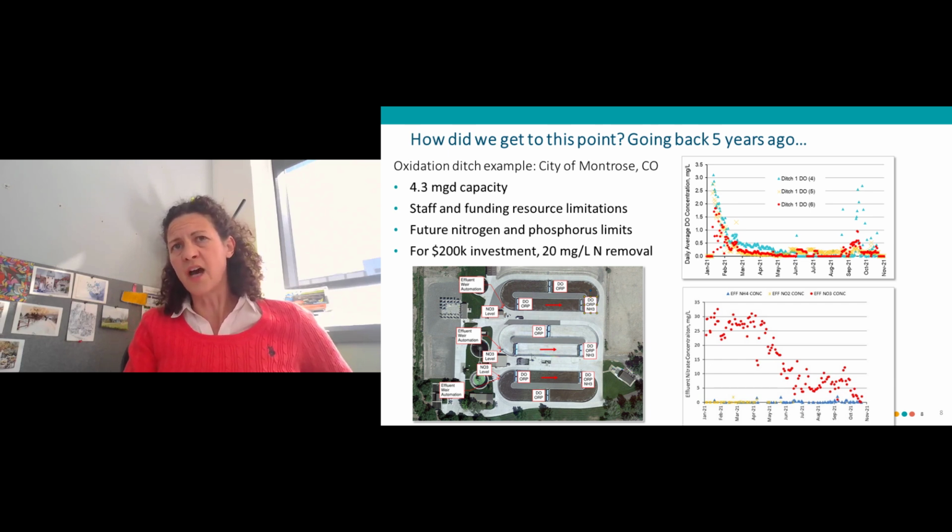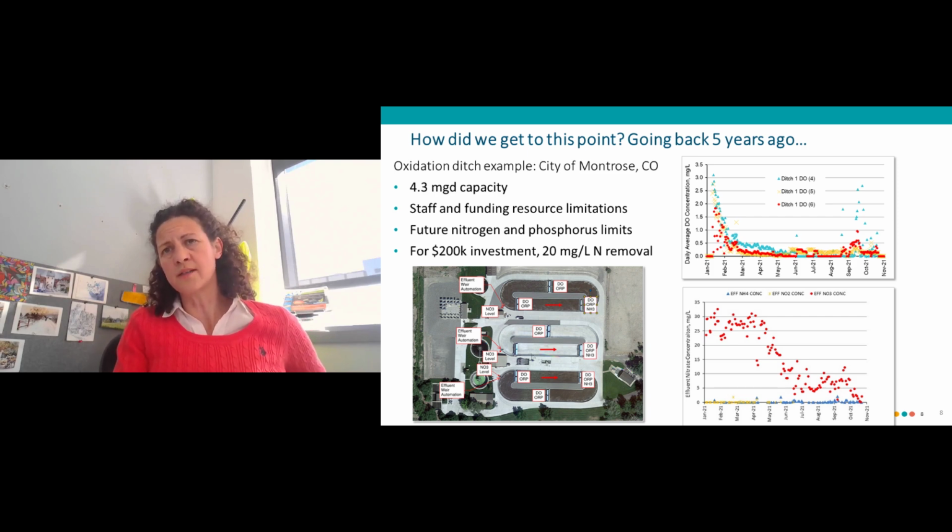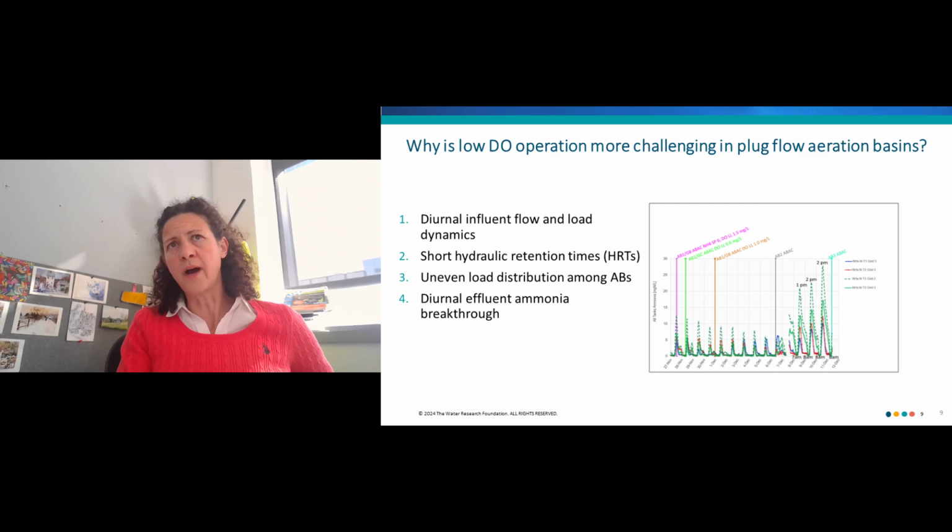What was unusual some years ago was to achieve the same kind of treatment in plug flow aeration basins. Why has it been so difficult to operate low DO facilities in plug flow aeration basins? Really, the majority of our facilities are plug flow basins operating plug flow BNR configurations.